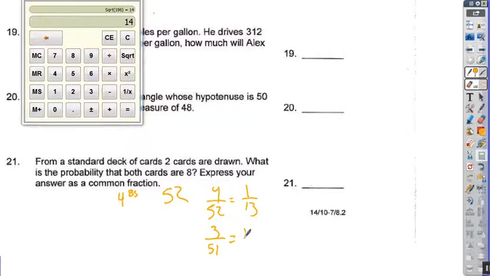Now that is equal to 1 over 17. So if my first event is a 1 in 13 chance, my second event is a 1 in 17 chance, the chance of them both happening is going to be, so I have to do 13 times 17.